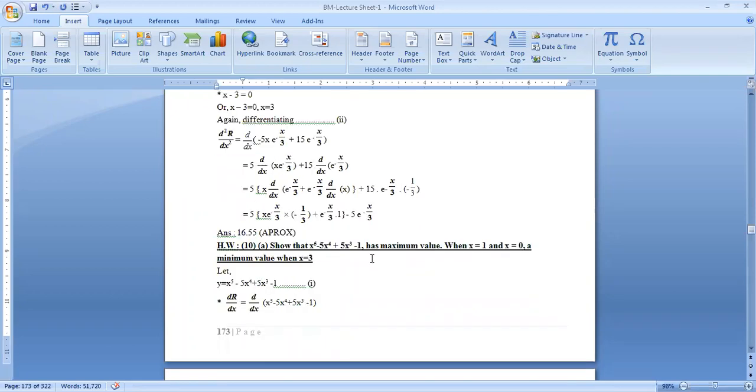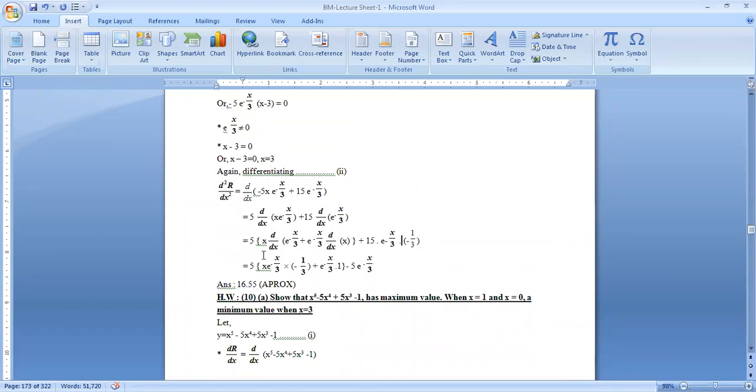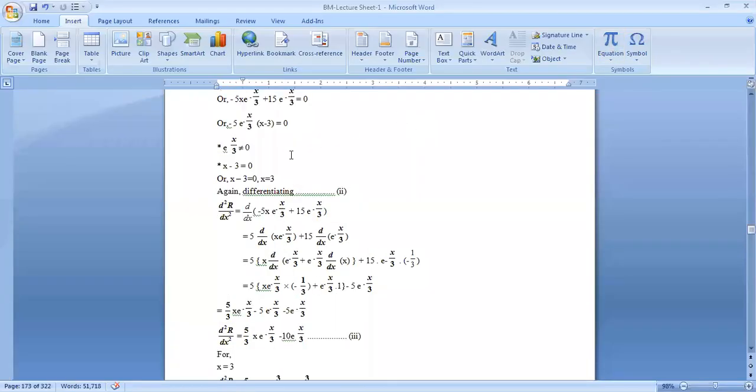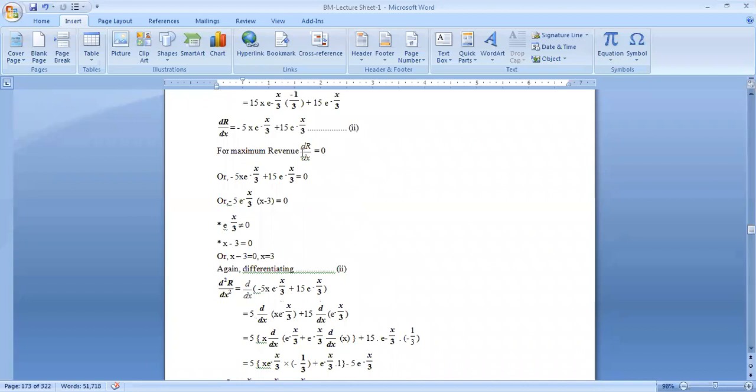Now putting the value of x equals 3, we get the revenue will be maximum at this point. For maximum revenue, dR/dx equals 0.